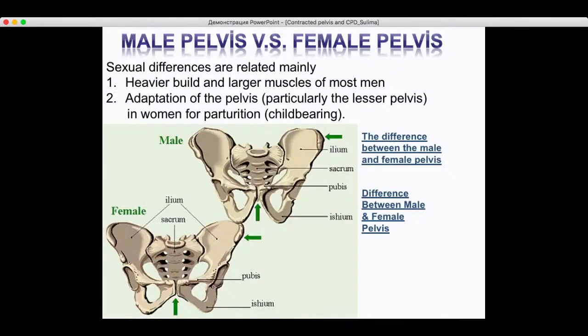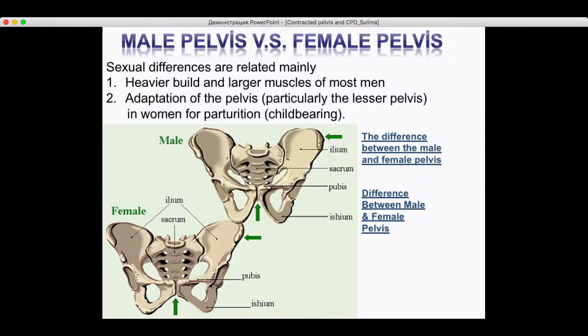Female and male pelvis, of course you know that we have sexual differences. And what is the difference between the male and female pelvis?